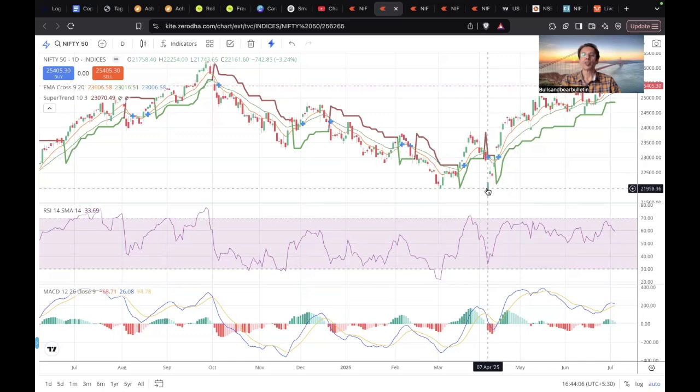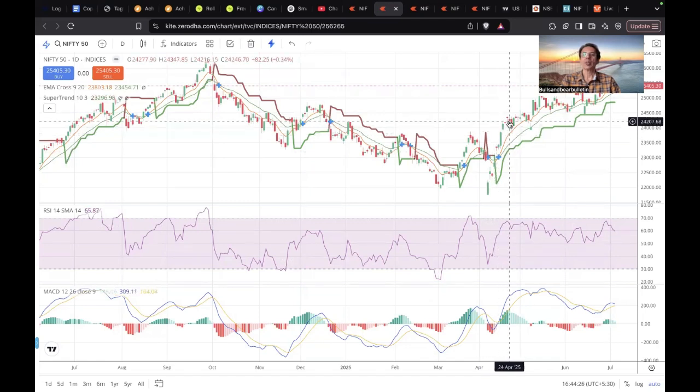This was on 7th of April, and it just broke down by a couple of hundred points from the previous low, around the 21,700 level. From here, the market aggressively went up, and this time it was pretty strong and crossed the hurdle of 23,800 comfortably and went on making newer highs.